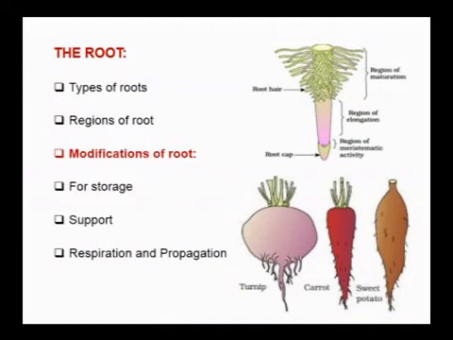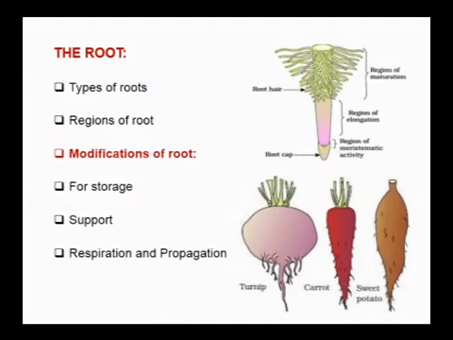Above the root cap is the region of meristematic activity, where the cells are dividing and increasing in number. Just above that is the region of elongation, where the cells are increasing in length and width. Above that, the cells are modified for absorption. Here the region of maturation produces unicellular outgrowths called root hairs.